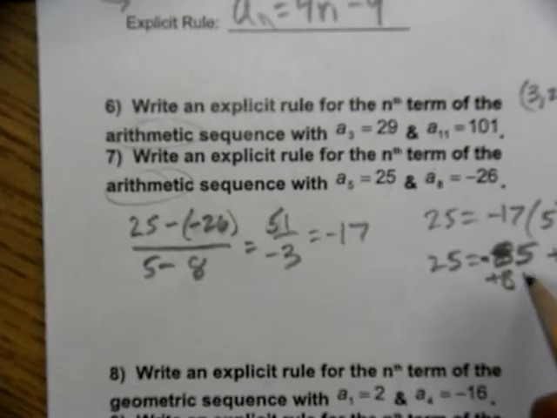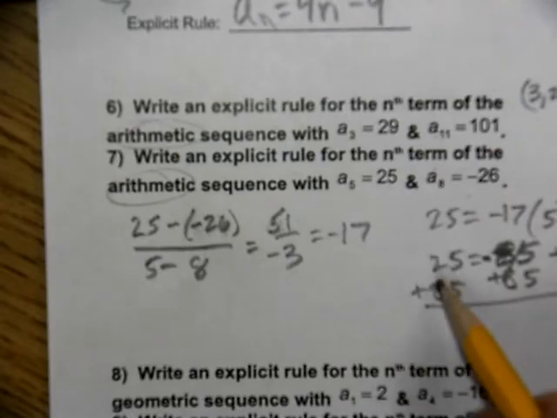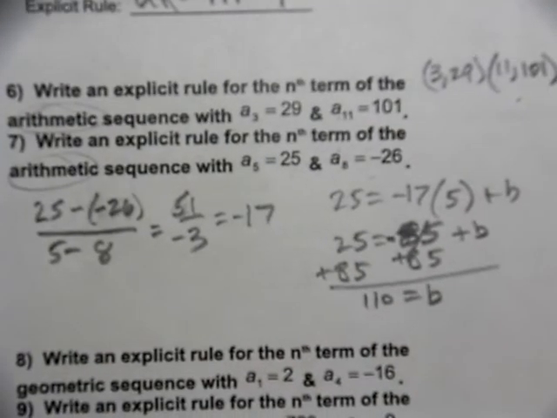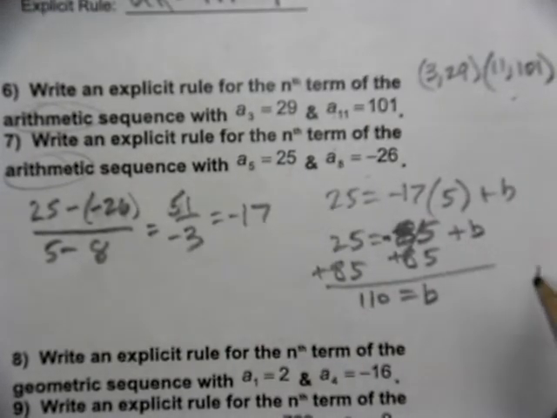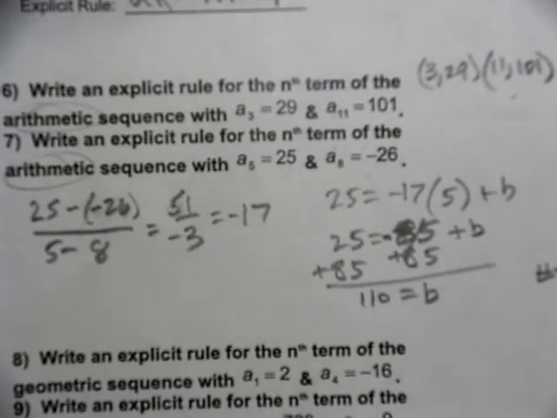So we're going to add our 85 across. That's 110. So for number 7, we've got a of n equals our slope of -17n plus 110.